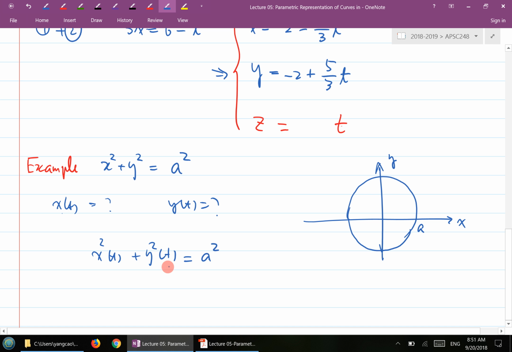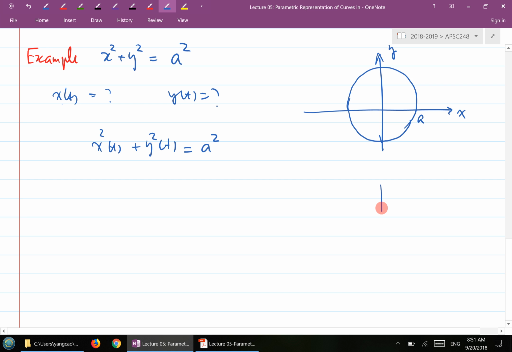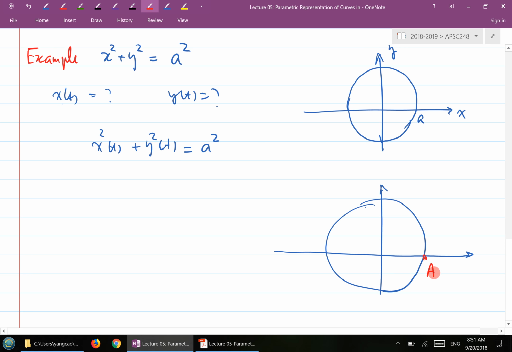So how do I find this x of t, y of t then? Let's use a slightly different approach to describe this circle. I'm going to draw the circle, and at the same time I will draw a point A, and then describe the motion of A. Suppose A is moving around the circle, starting at this location and moving at a constant angular speed, or velocity, omega.